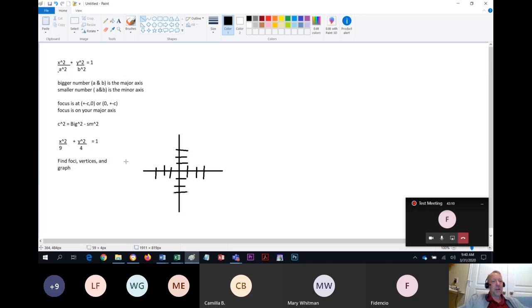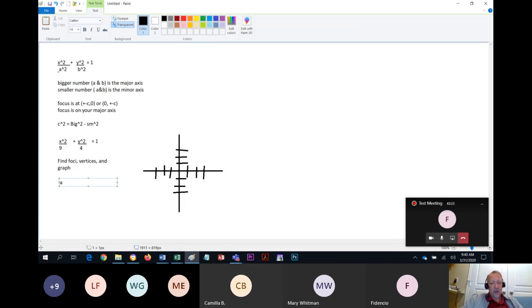Okay, so the idea here is, as we look at this, what is your A and your B? A squared is 9 and B squared is 4. So A squared is 9, therefore A is 3. Does that make sense? And B squared is 4, so B is 2.